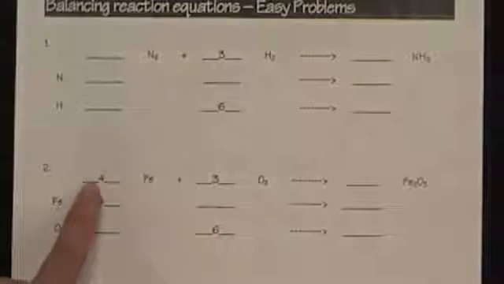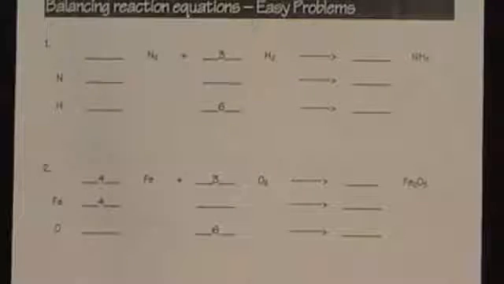Hey, you know what? It's time now to try this on your own a little bit. We just worked on the examples. Now there are some easy problems. The reason I'm calling them easy problems is because I've already done part of the work for you. In some of these problems, like the first 2, take a look at those with me, you'll see that I've already provided you with some of the coefficients.